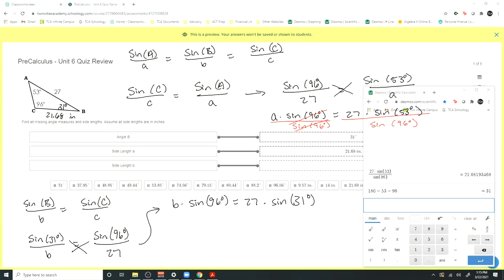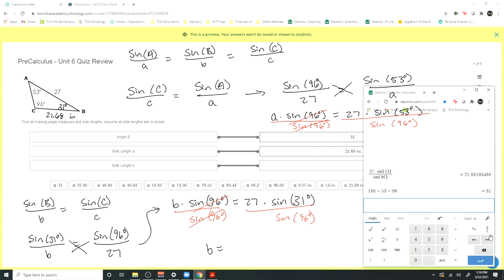Divide both sides by the sine of 96. You will get b is equal to this whole thing, 27 times the sine of 31 degrees over the sine of 96 degrees.